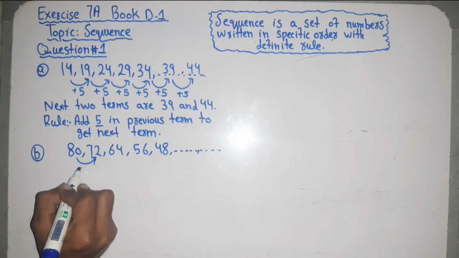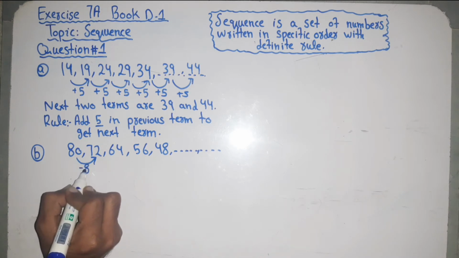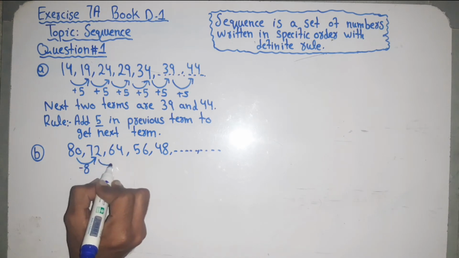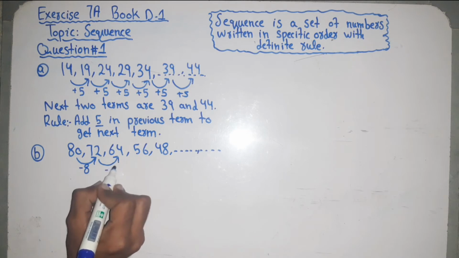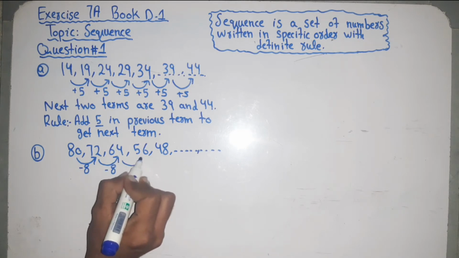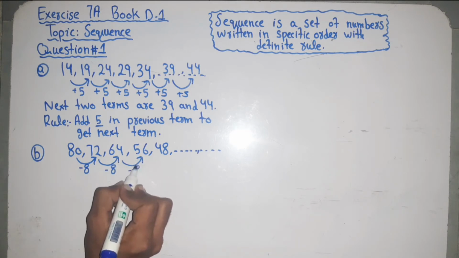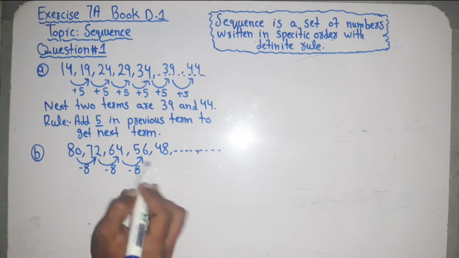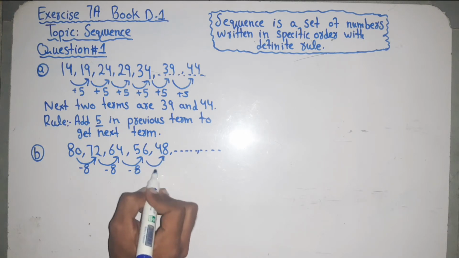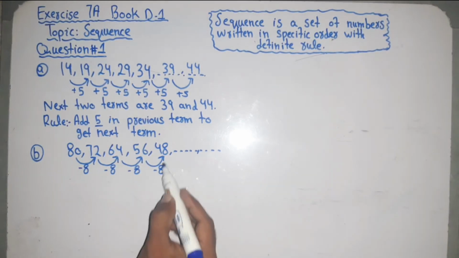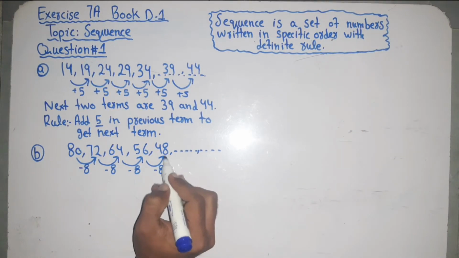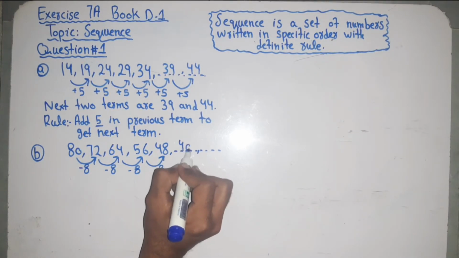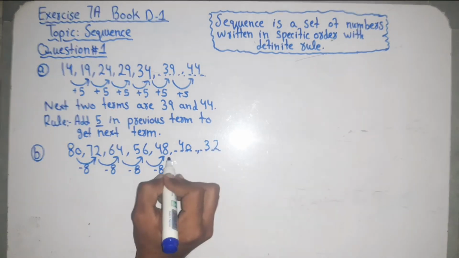We subtracted 8 from 80, so we got 72. Again we subtracted 8 from 72 and got 64. Similarly, if we subtract 8, this will be 56, and if we subtract 8 again from 48, the next term will be 40 and then 32.